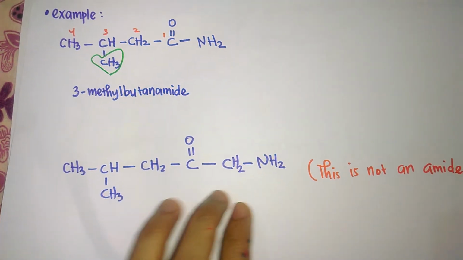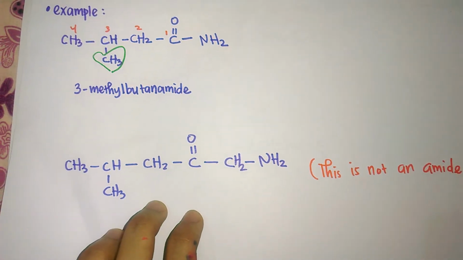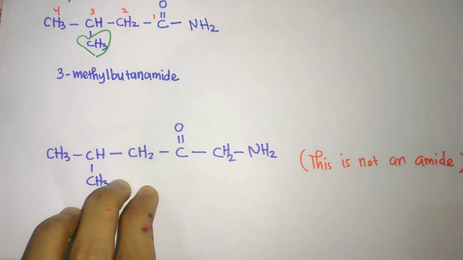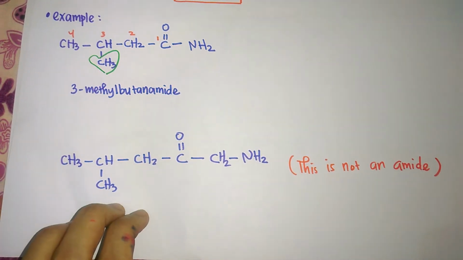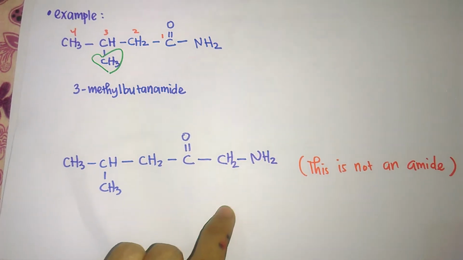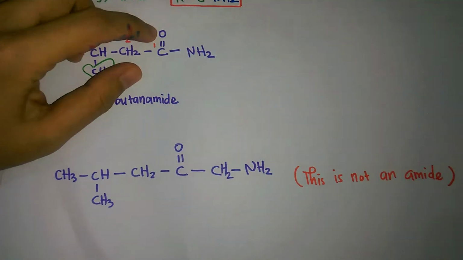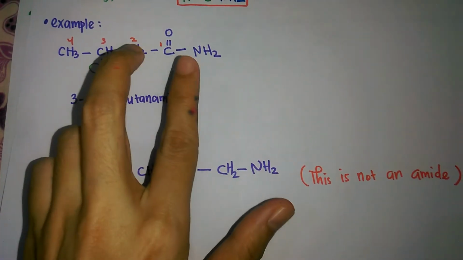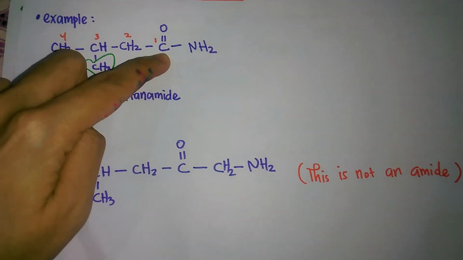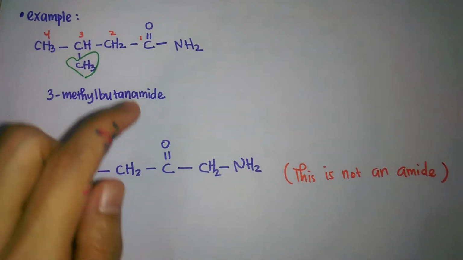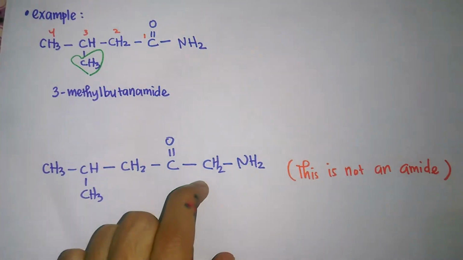So we cannot say this is an example of amide, but this is amine and ketone. Okay guys, so this is not amide. What you have learned in this section, just remember that the carbonyl and amine group must be connected in one carbon or in the same carbon.